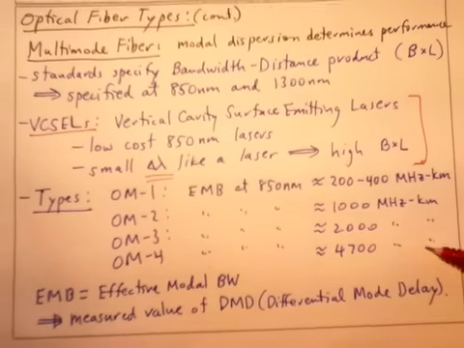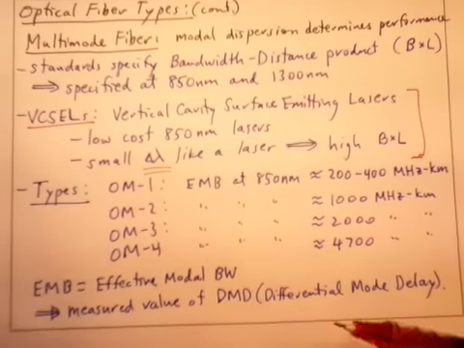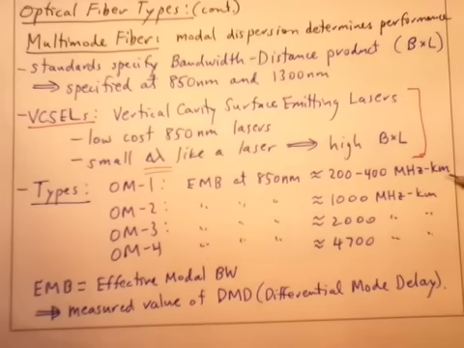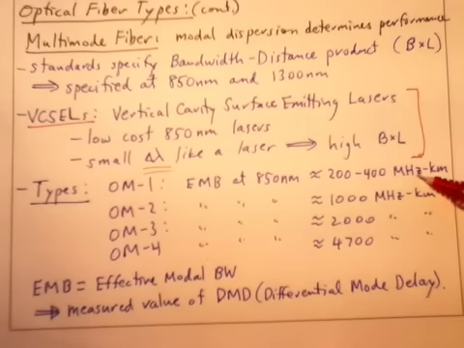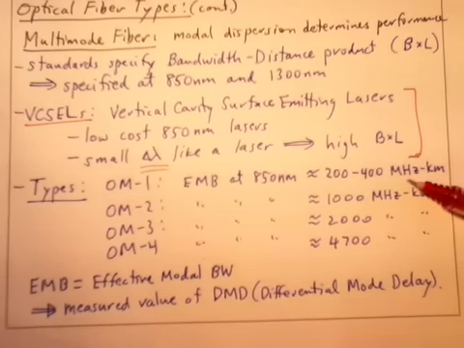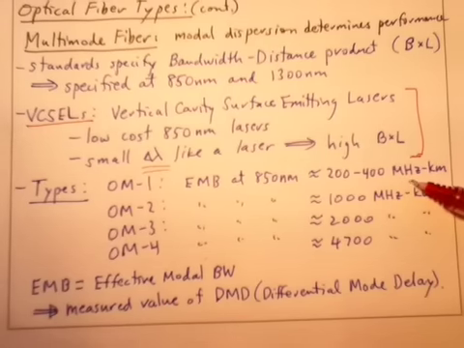The megahertz kilometer values are easy to think about in terms of 1 megabit per second per megahertz of bandwidth. Think in terms of spectral efficiency: for every hertz of bandwidth, you get 1 bit per second.